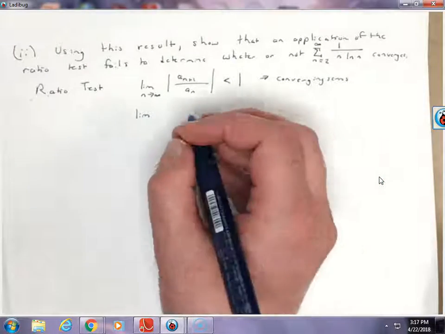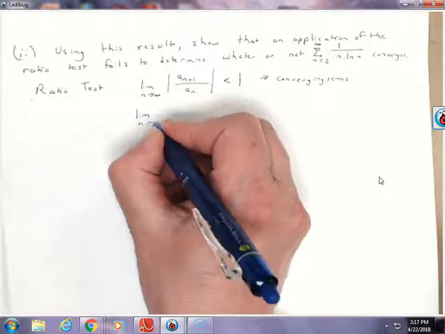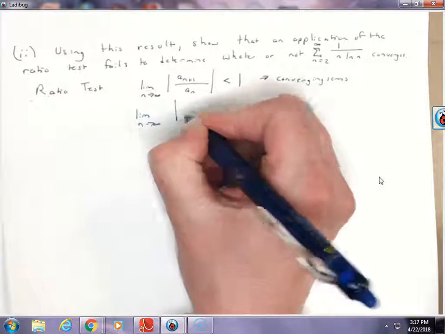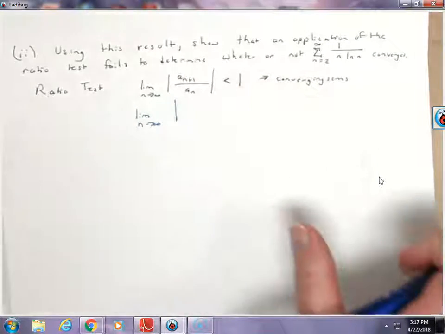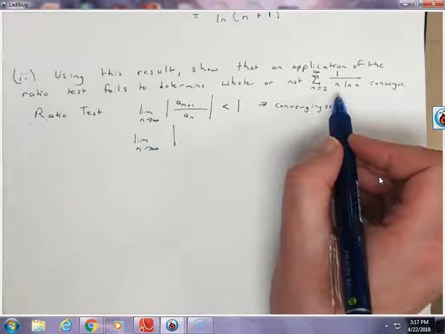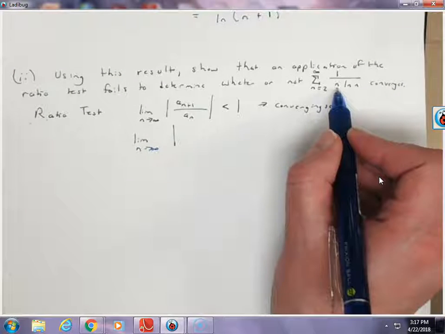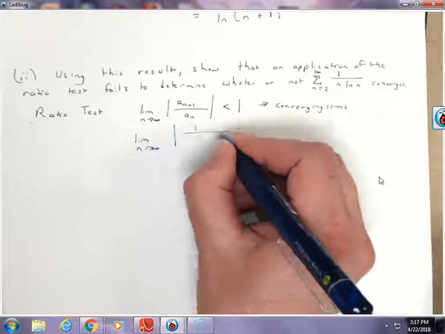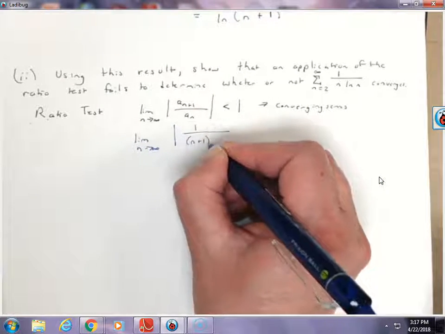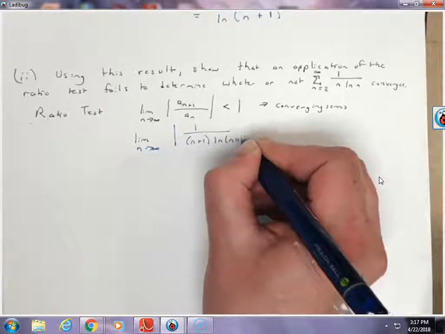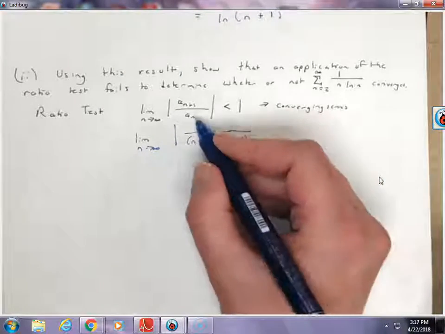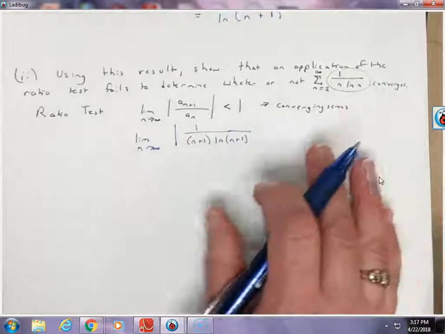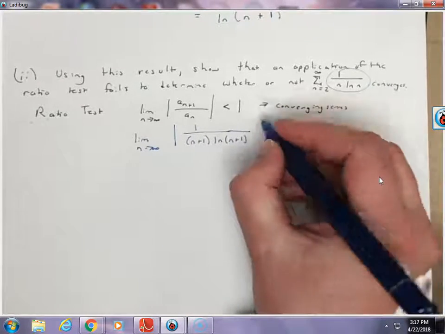So here we go. The limit as n approaches infinity of the n plus first term. So that would be substituting n plus 1 where we see an n into this. So we would have 1 over n plus 1 times the natural log of n plus 1, and then it's divided by this itself, which would be times the reciprocal.